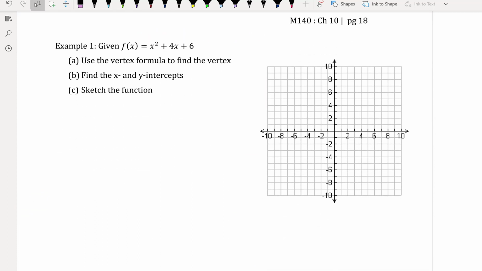Now we have another example, just to make sure that we have it. We're going to use the vertex formula to find the vertex. So again, I have y equals x squared plus 4x plus 6. To find h, we're going to use that formula, negative b over 2a.